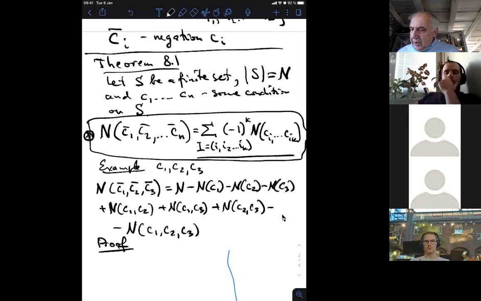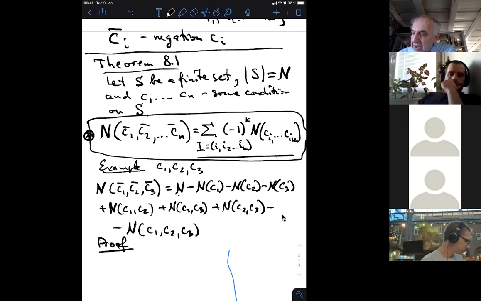So let's assume that we're picking an element which violates all the properties, C1, C2, C3, and so on, Cn. Then it contributes 1 to the left-hand side because it's in the set which we're counting. Now let's look at what it contributes to the right-hand side.